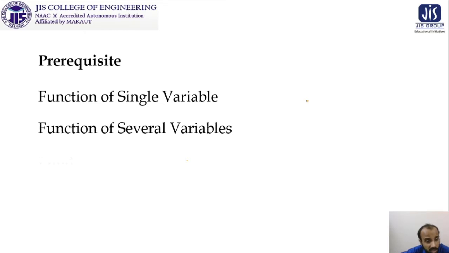And then we need the concept of limit as well as the concept of continuity of function of single variable as well as function of several variables, which was discussed in the last class. So along with these prerequisites, we are proceeding further for our discussion of partial derivatives.